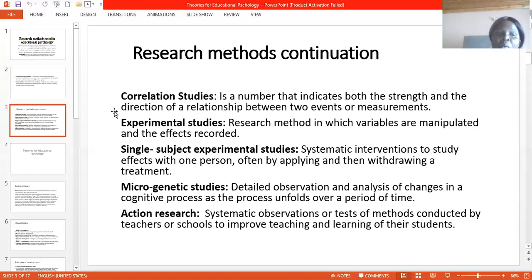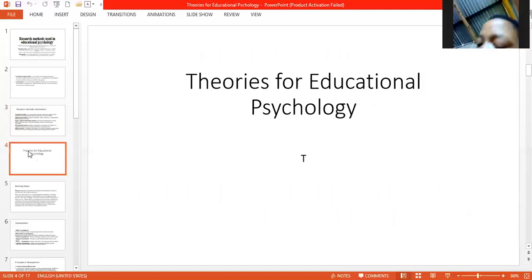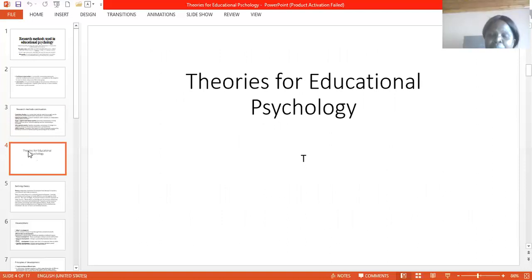So now we are moving on to the theory of educational psychology. Last time when we defined educational psychology, we said this discipline is concerned with teaching and learning processes. It applies methods and theories.